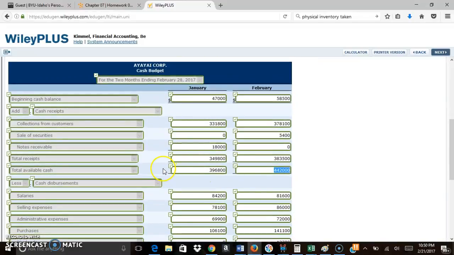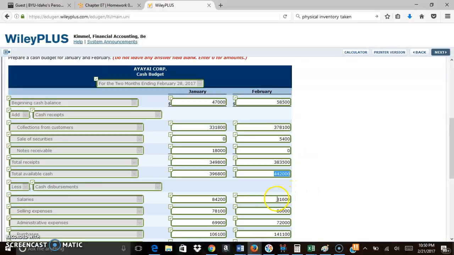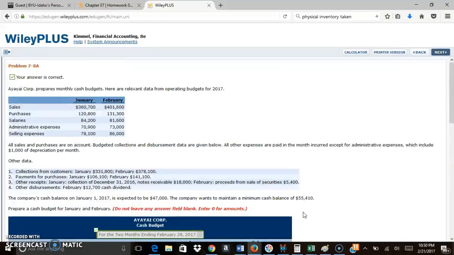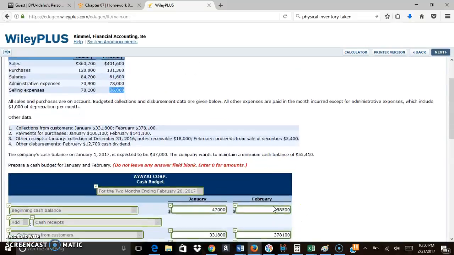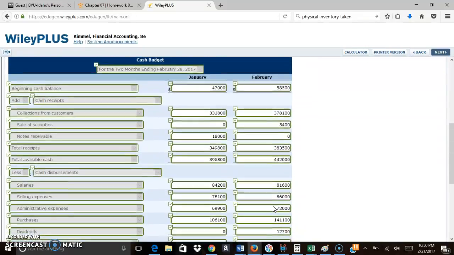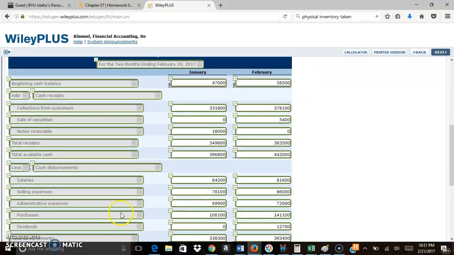And then we go to our cash disbursements, salaries, and the salaries for February was 81,600. And then we go to our selling expenses, which were 86,000, which were up here. And then the next thing was the tricky one, the administrative expenses.